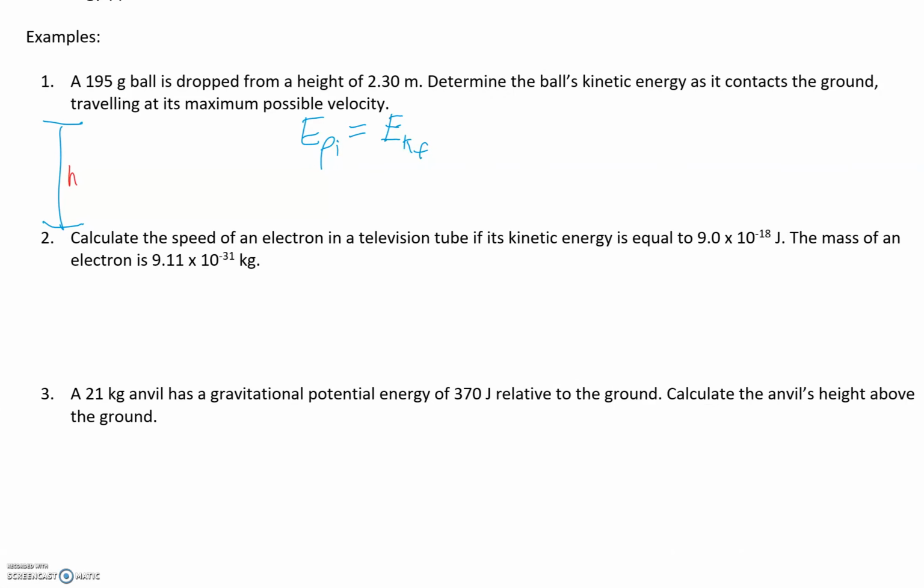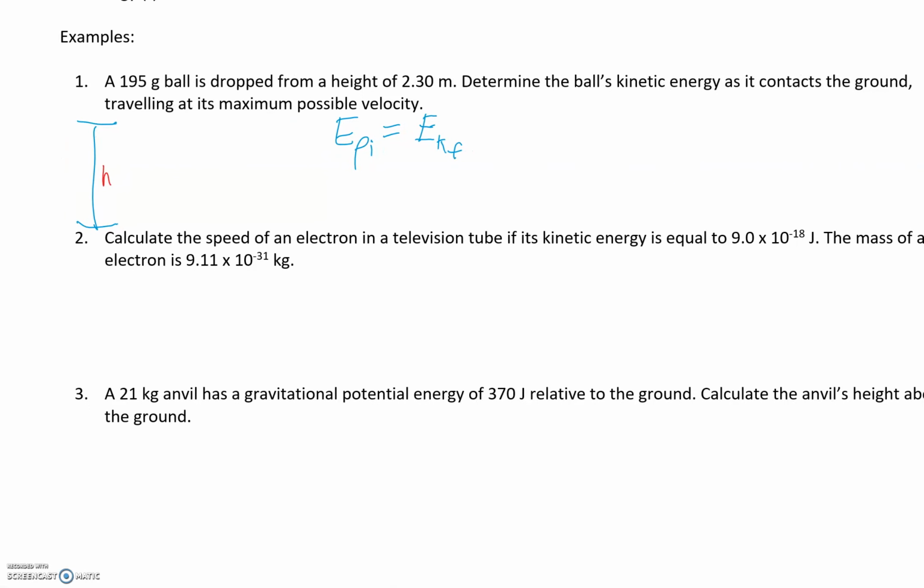So it has a height. We know the mass. We know gravity. So let's write that in. mgh equals EKF. We know m is 195, and we always want that in kilograms, so 0.195 kilograms.